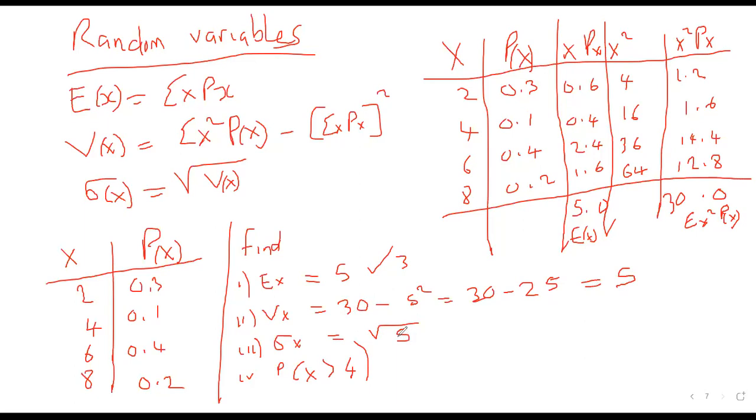And what is the square root of 5? 2 point what? 2.23.